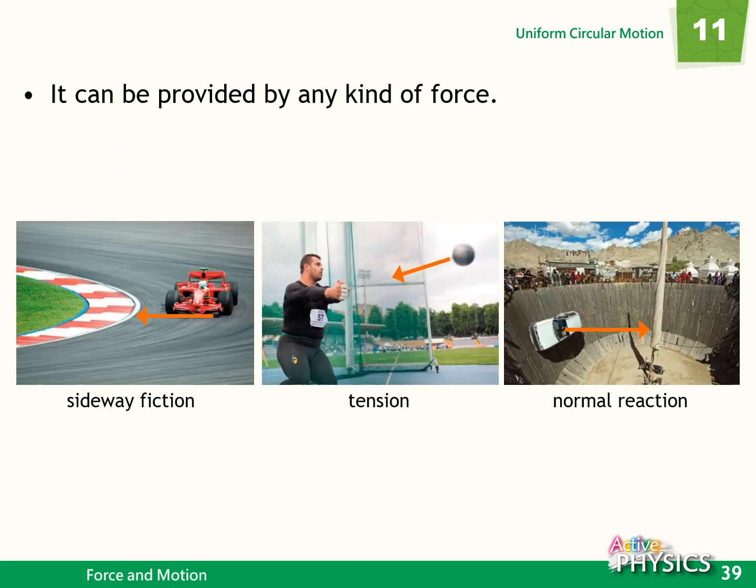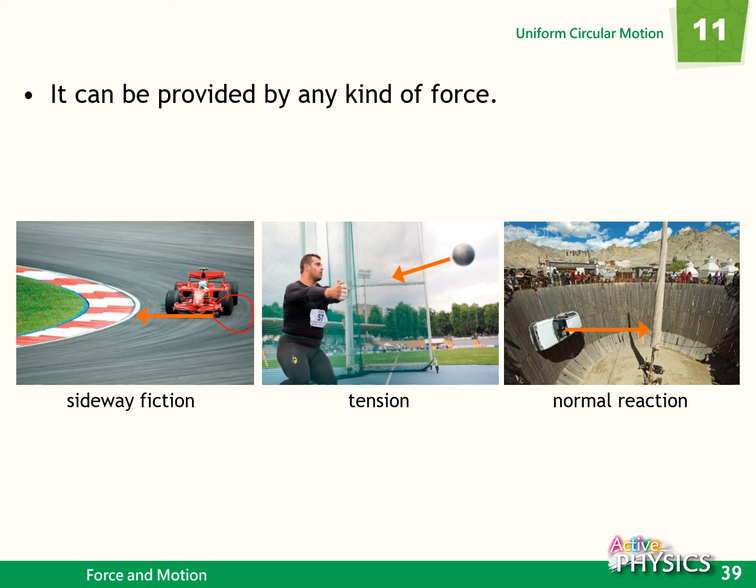For an object moving in a circular motion, there must be some force providing the centripetal force. For example, when this car is making a turn, the friction between the tire and the floor provides the centripetal force.